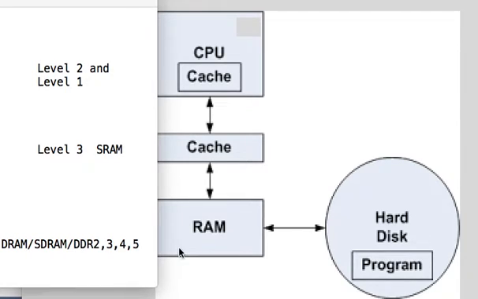Now, here's what happened. The computer scientists said, hey, let's create a new piece of special memory called cache between RAM and the CPU. So they put this cache here, and they put the most commonly used instructions of your program here. And the CPU would first check with this, and if it wasn't there, then it would go here.